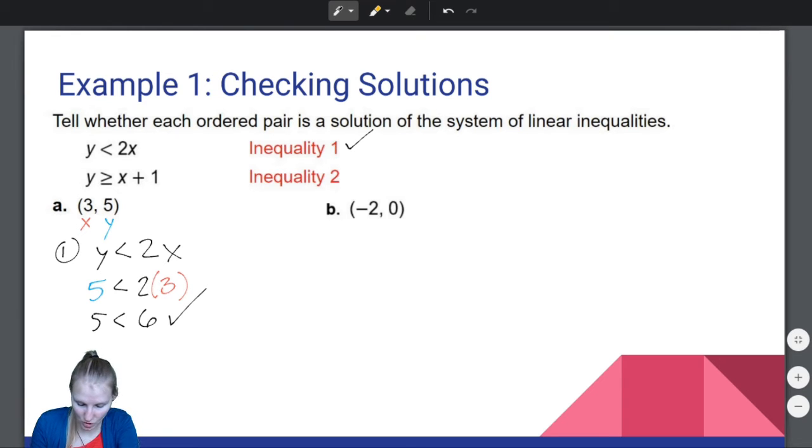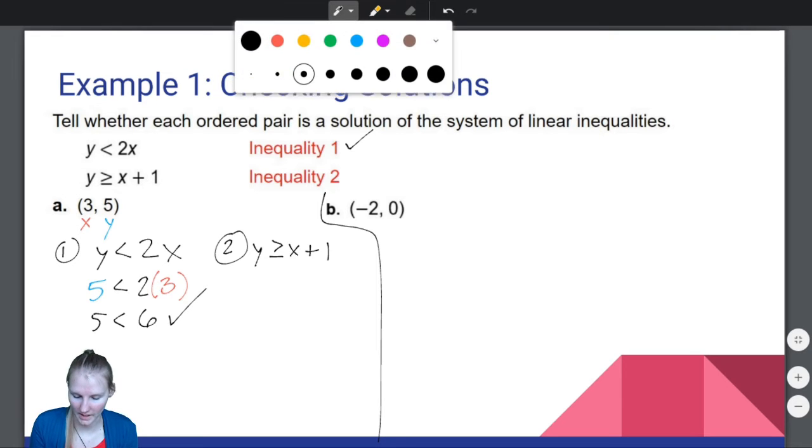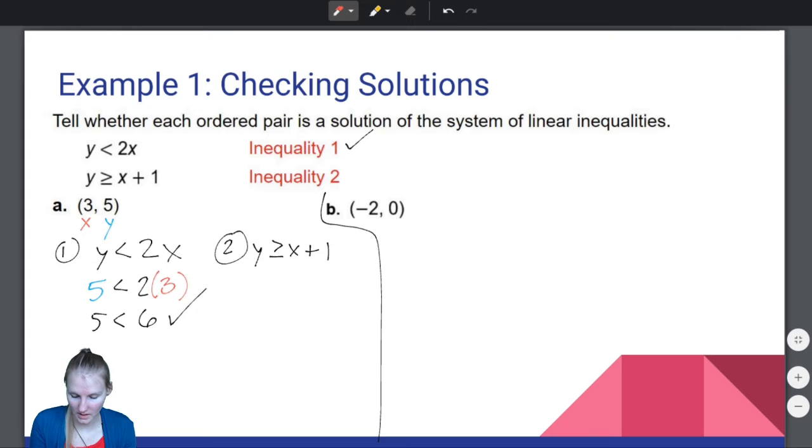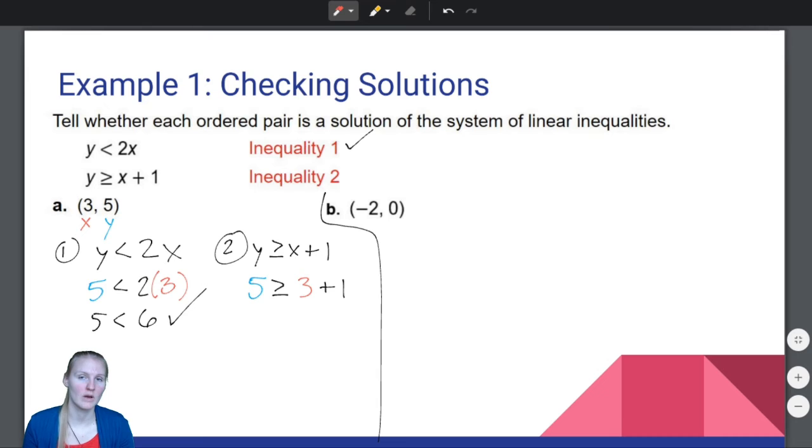Now we need to check inequality number 2. y is greater than or equal to x plus 1. So y is 5, and we want to know, is 5 greater than or equal to x plus 1, which is 3 plus 1? 3 plus 1 is 4.